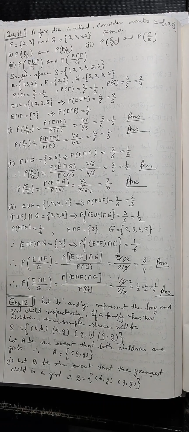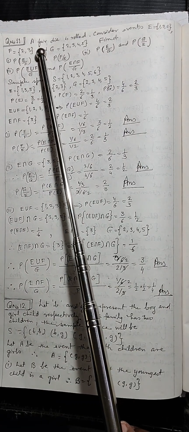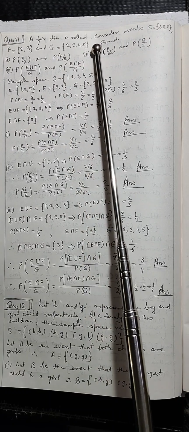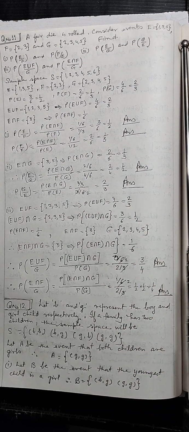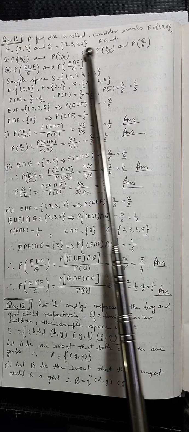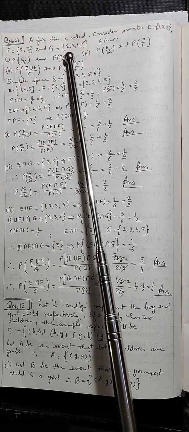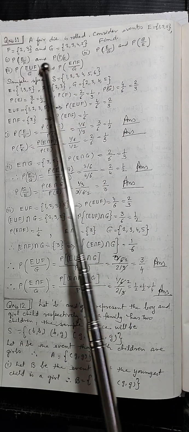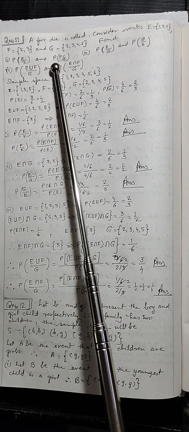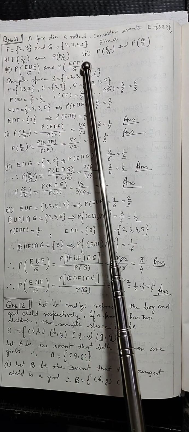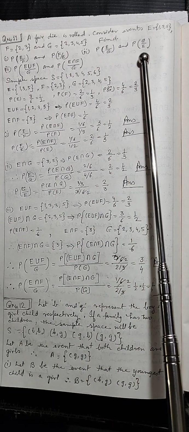Now see, a fair die has been rolled. Consider the event E that is 1, 3, 5 and F that is 2, 3. G that is 2, 3, 4, 5. Find the probability that is E by F and probability of F by E. Second is probability of E by G and probability of G by E.